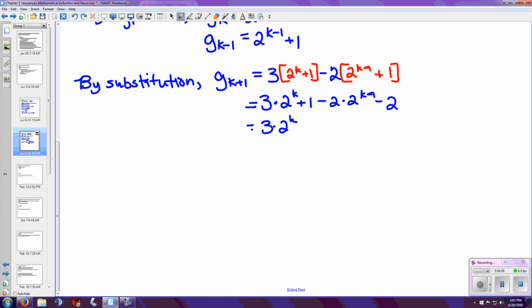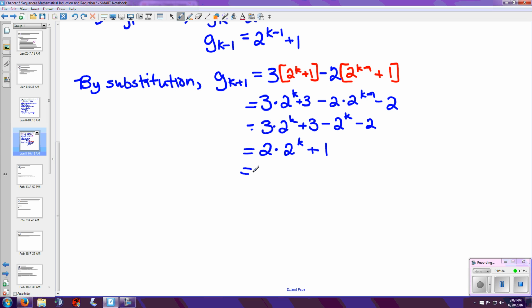Oops, we missed another distributing there. That should be a plus 3, minus 2 times 2 to the k minus 1, which is 2 to the k. And then clean up and combine like terms. We have a 2 to the k here and a 2 to the k here. 3 minus 1, because this has a coefficient of 1, is 2 times 2 to the k. Plus 3 minus 2 is plus 1.